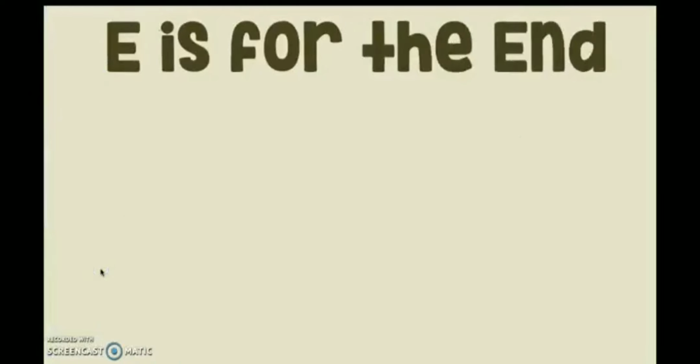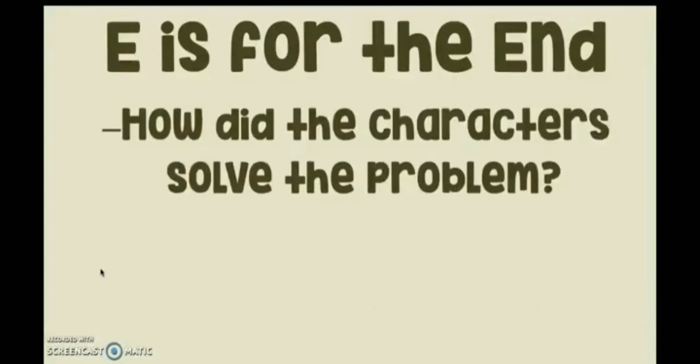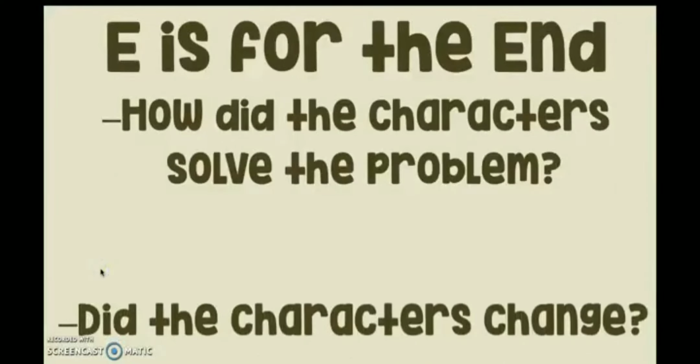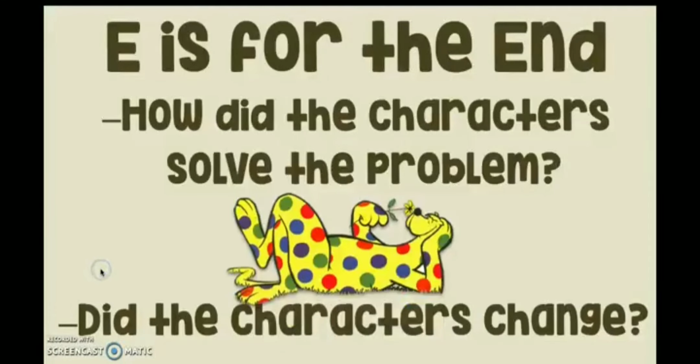And finally, E is for the end. In the end, we answer questions like, how did the characters solve the problem? What did they do? And did the characters change at all throughout the story? So for example, this friend, in his story, he wants to be part of a zoo. You learn about him wanting to be part of the zoo in the very beginning, and then in the middle, he shows off all the tricks he can do to prove that he should be part of the zoo.